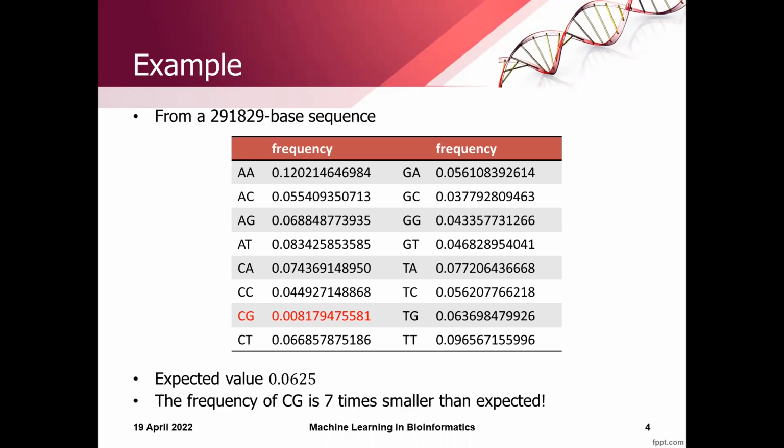So you should help us. So the question is, why is the probability of CG much smaller than they expected? Yes, you are right. It's on the next slide. And why is it higher in the coding parts?